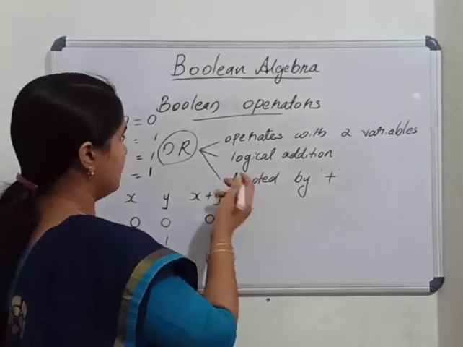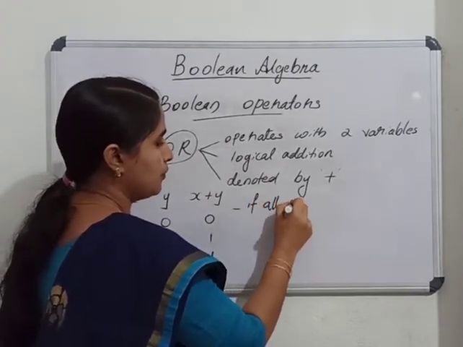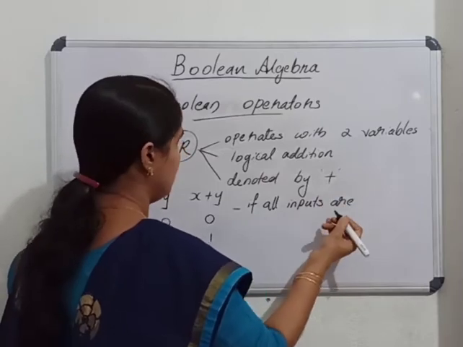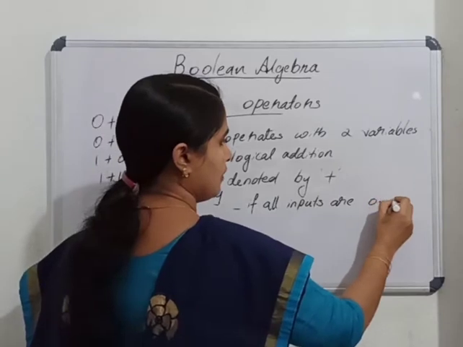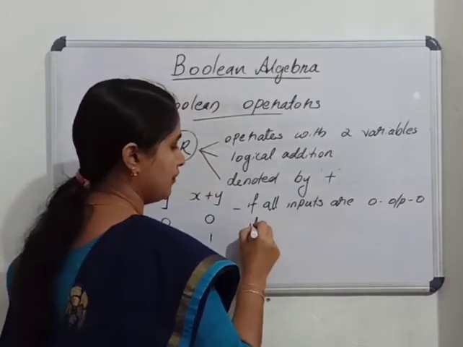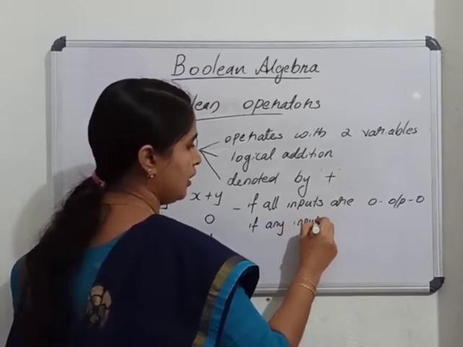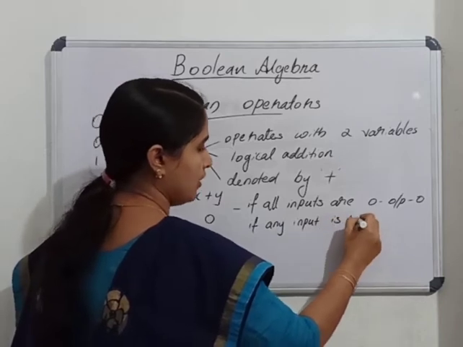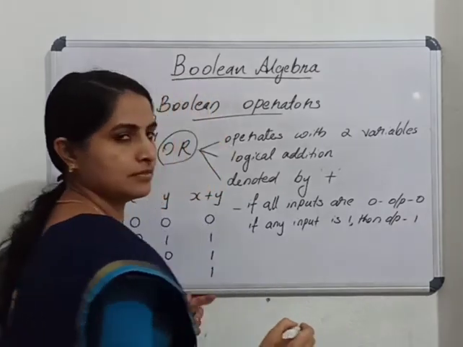In OR operator, if all inputs are 0, output is 0. And if any of the inputs is 1, then the output is 1.